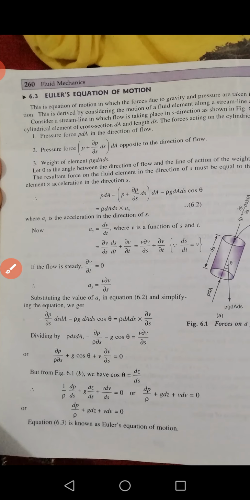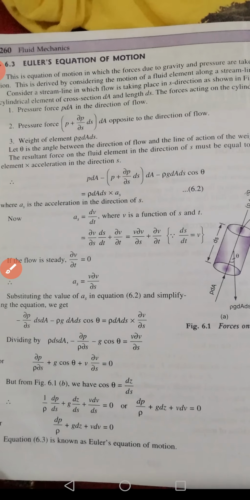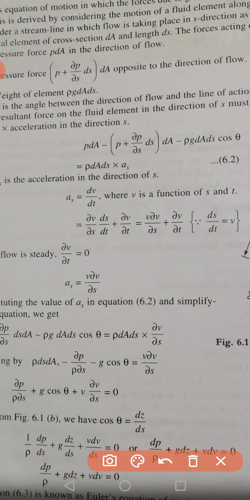As we know, acceleration is the derivative with respect to time, and it is a function of distance and time.